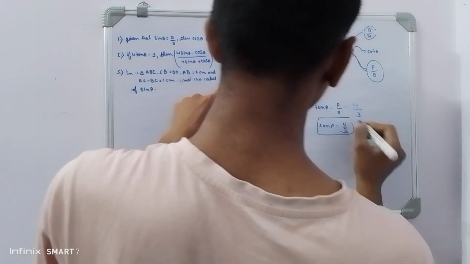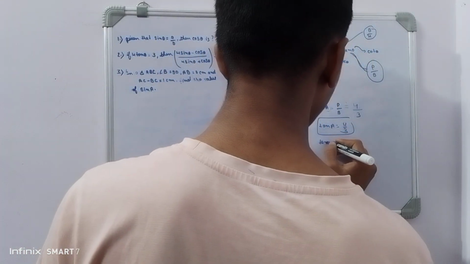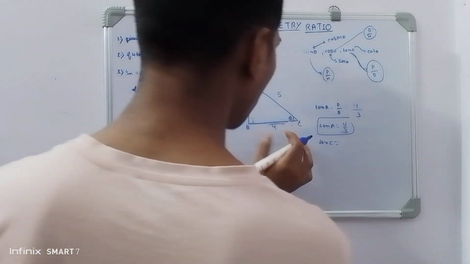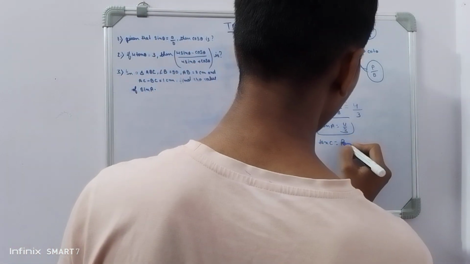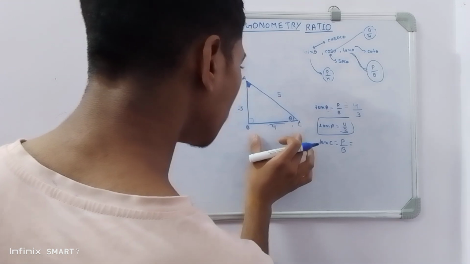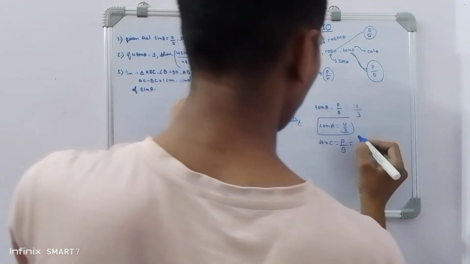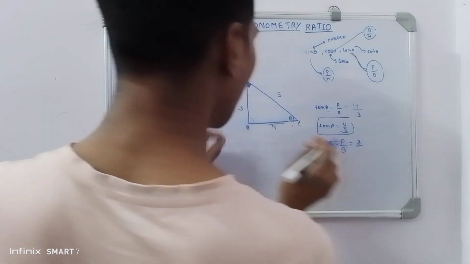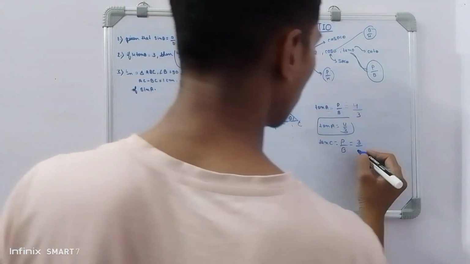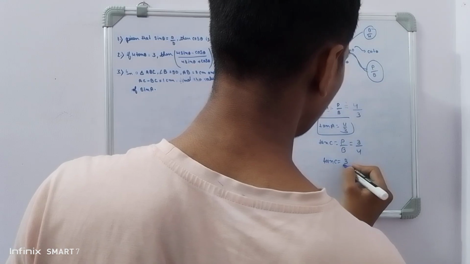Now if I am going to find the tan of C, tan of C means again P by B, and for the angle C, this is going to be the base and this is going to be the perpendicular. So the perpendicular is going to be 3 and the base is going to be 4. So the tan of C is going to be 3 by 4.